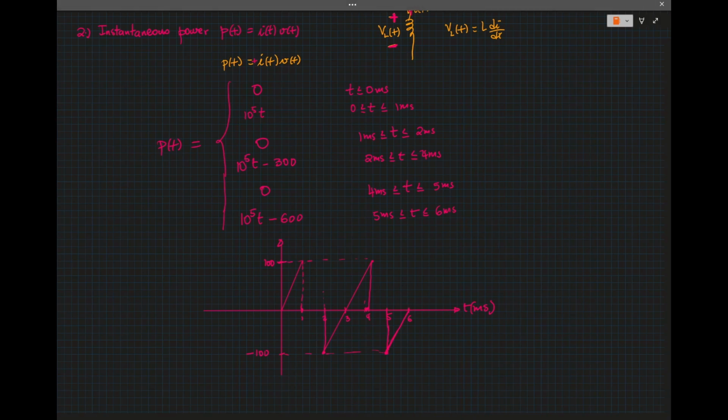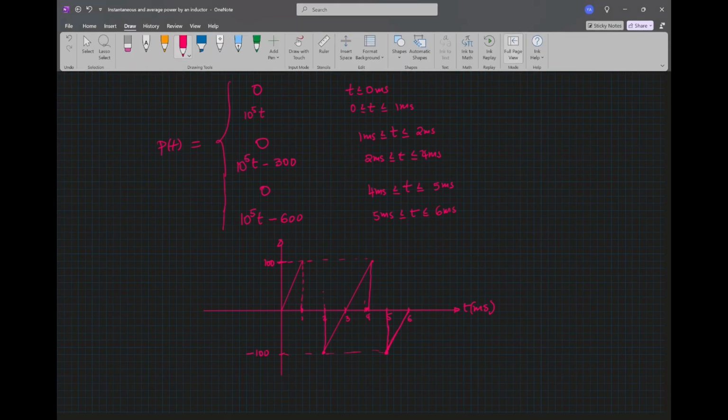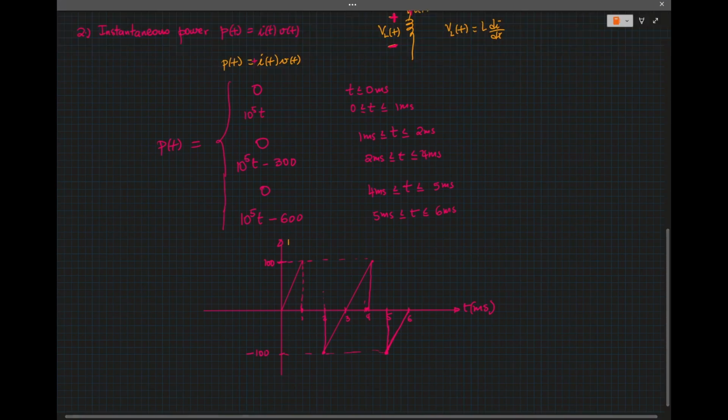Okay, so the instantaneous power, P of t expressed in watts, is this.